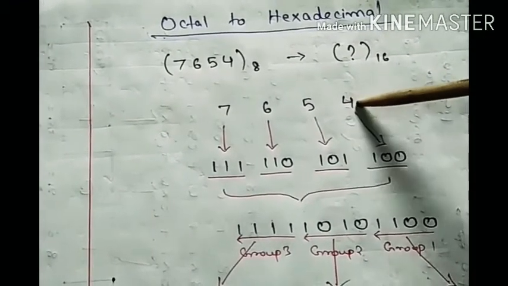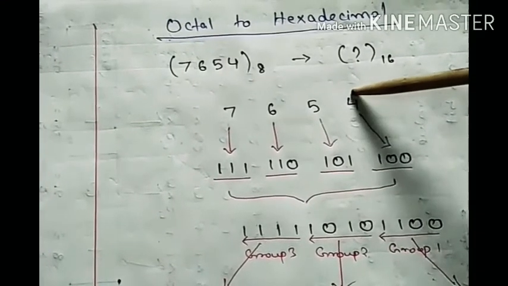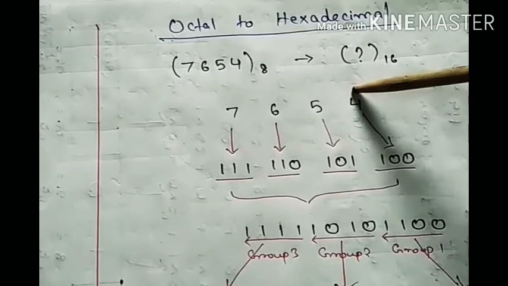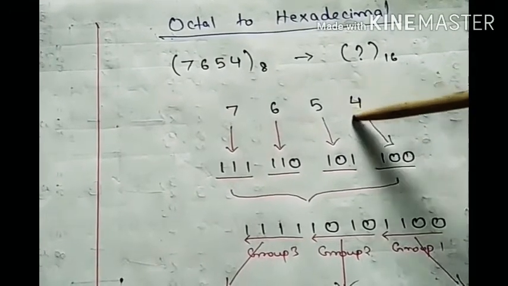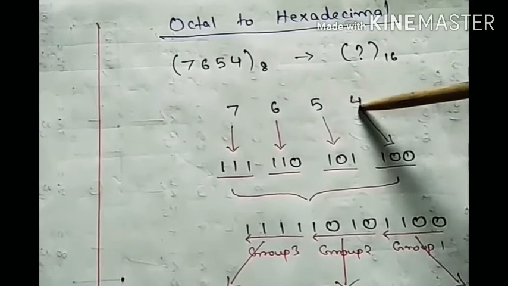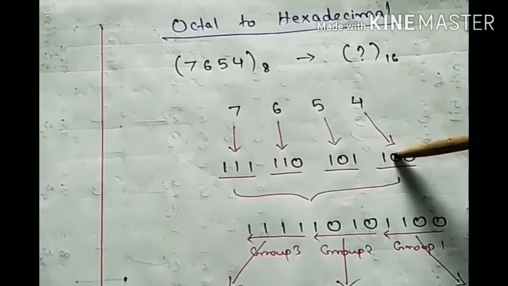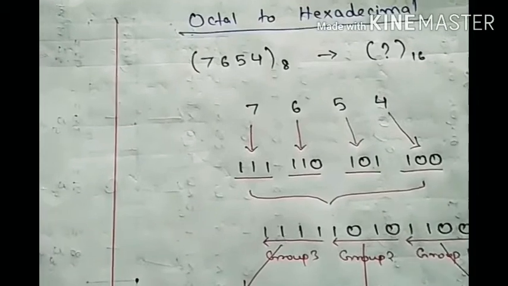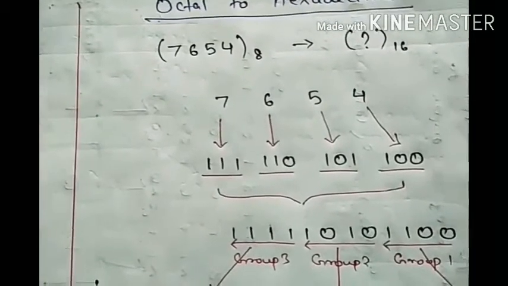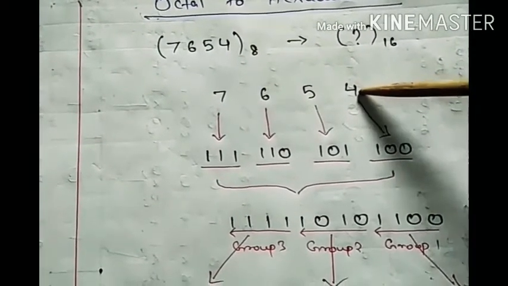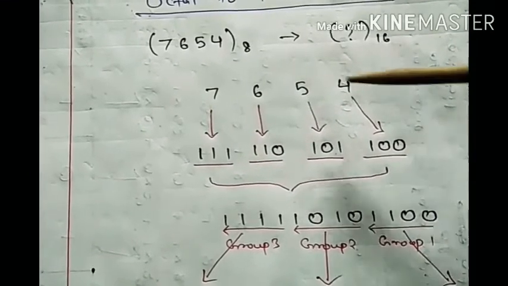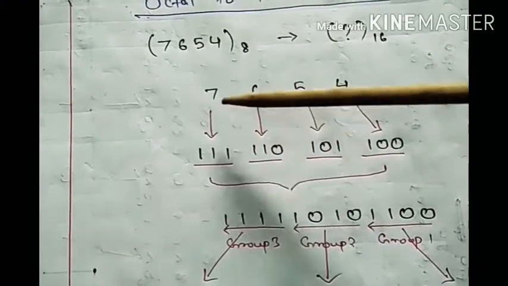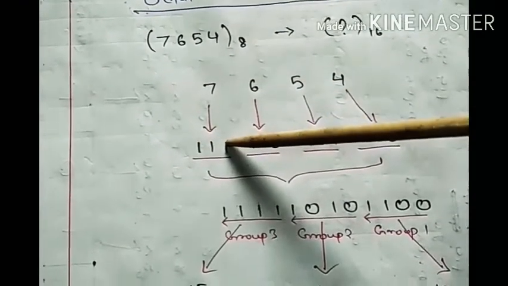For that you have to consider each digit of the octal number as a decimal number and then follow the process of decimal to binary conversion. So decimal 4 means binary 100, decimal 5 means 101, decimal 6 means 110, and decimal 7 means 111.